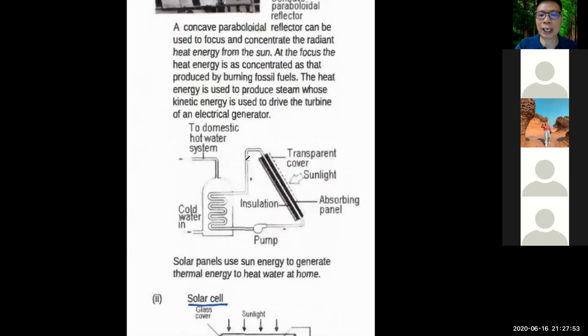So the heat is sent here to boil water. You see or not? The heat comes here to boil up this water. Normally this solar energy boiler is to heat up water for showering only, not for cooking, not for drinking, understand? Before you take a shower, you can use this hot water, okay?